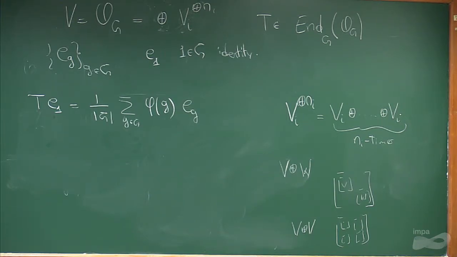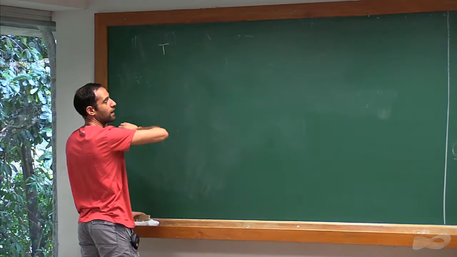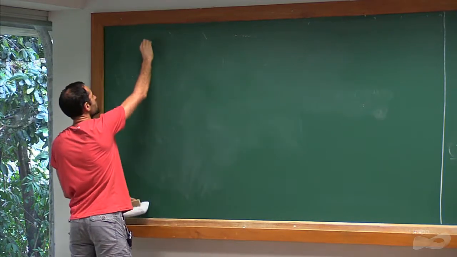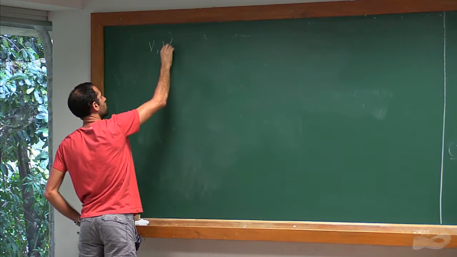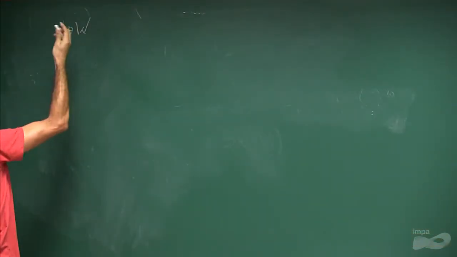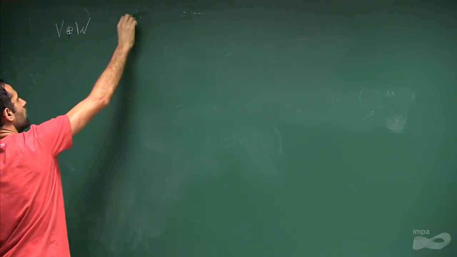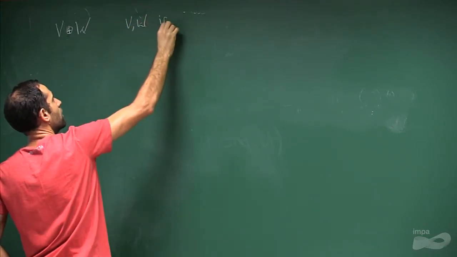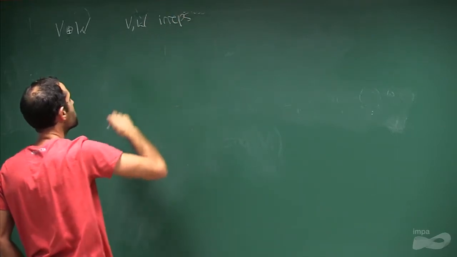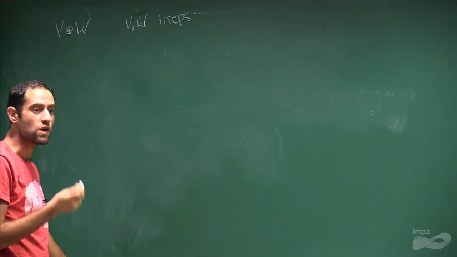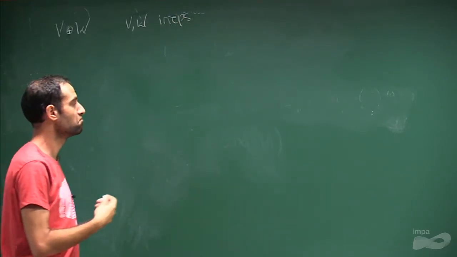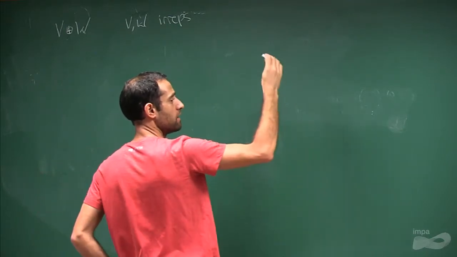So what happens if I take two representations, V and W? Let's suppose that these are irreducible, and it may happen that V is equal or isomorphic to W. Let's look at that sum.